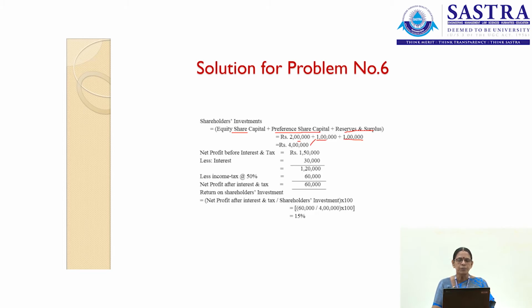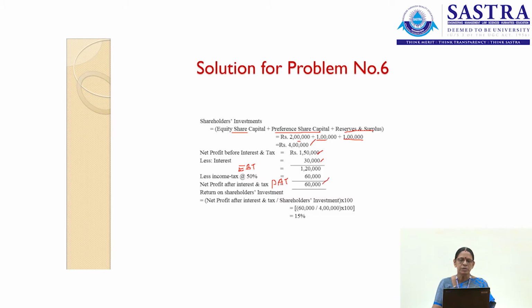Now net profit before interest and taxes 1 lakh 50,000 less your interest 30,000 will get profit before tax. This is said to be earnings before tax. Now taxes paid, this is net profit after interest and tax. It can be otherwise called PAT, that is your profit after tax. Now this 60,000 is said to be the profit after tax.